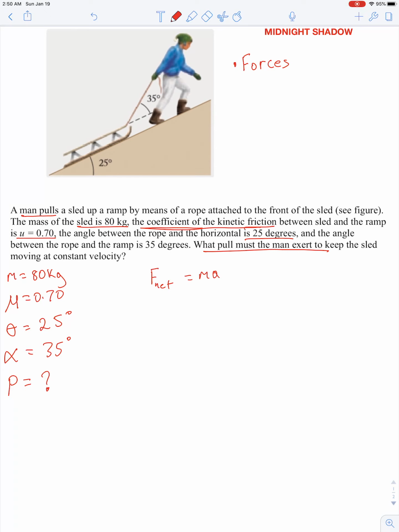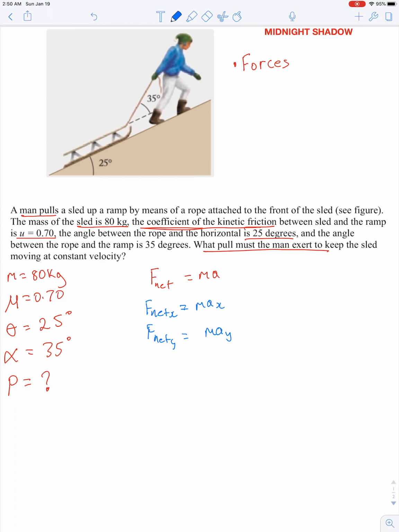But that won't help us too much, because that is just a stepping stone for the real facts: F net x equals m a x, and F net y equals m a y. Now that I have this, all I have to do is trust the process. Trust the process.